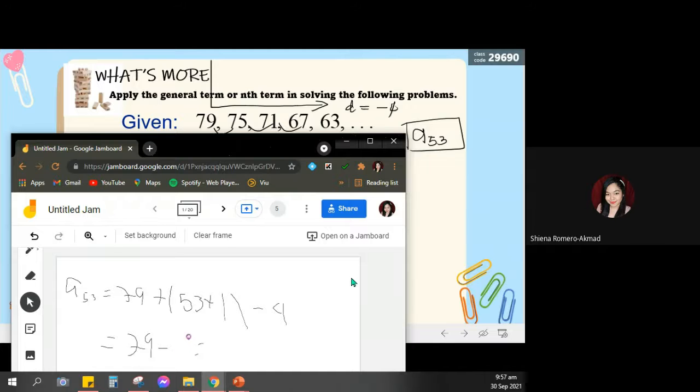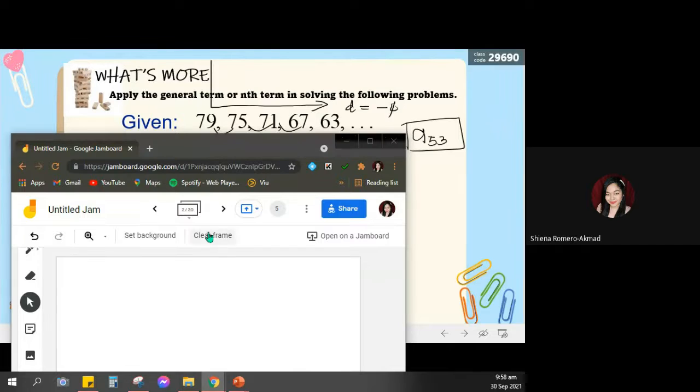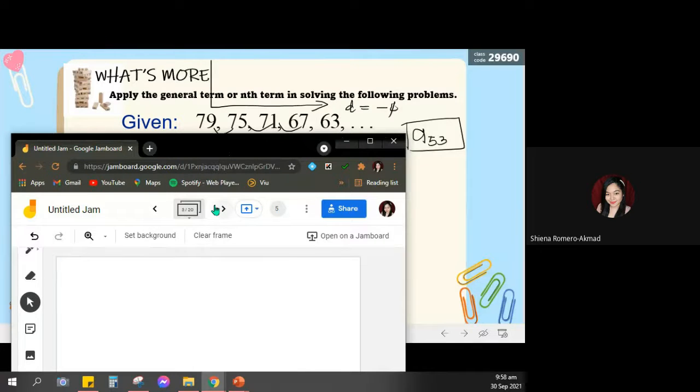Pag may nagsasagot na sa isang frame, you can go to another frame. Dito, ayan, may mga frames pa dyan. Pwede kayo magsagot on your own. So, I guess dun sa ibang frames, wala pa nagsasagot. Kanya-kanya kayong frame dyan.